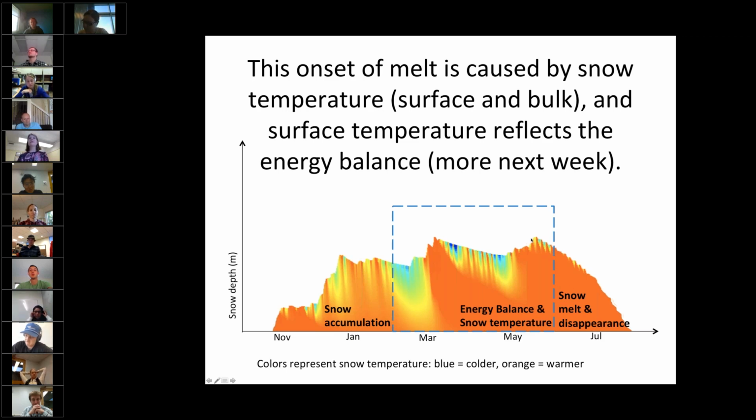Once you've warmed the snow up to 0, that's when you get this rapid snow melt and disappearance. So this is where we're going to be going next week, into more about the surface temperature and how that reflects the energy balance as well as the internal states of our snow model.